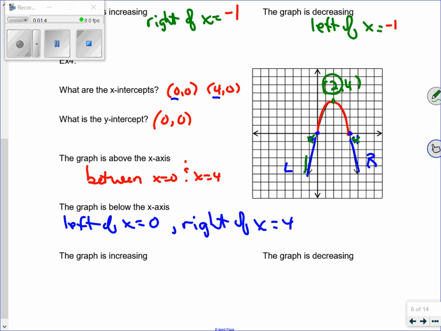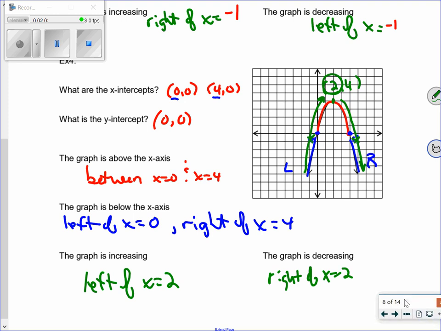As I go along this graph, I am rising on the left. So this will be left of x equals 2. And then on the other side of the graph, as we go over here, we decrease down. That's on the right. And so that is right of x equals 2.